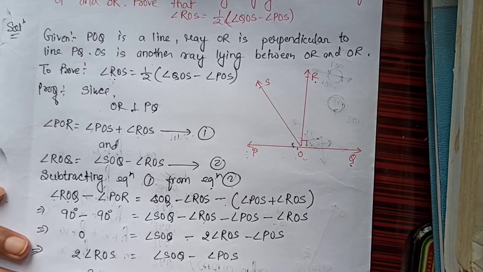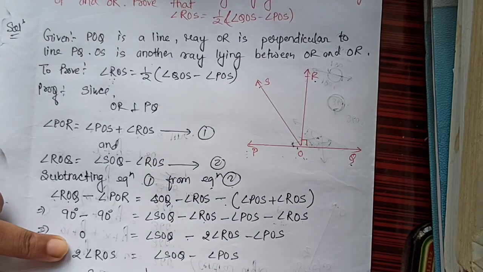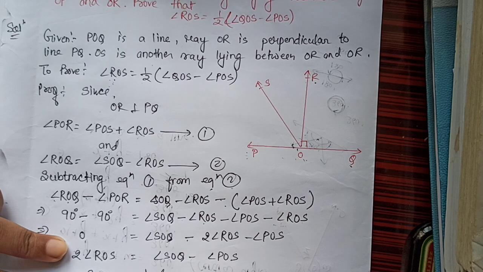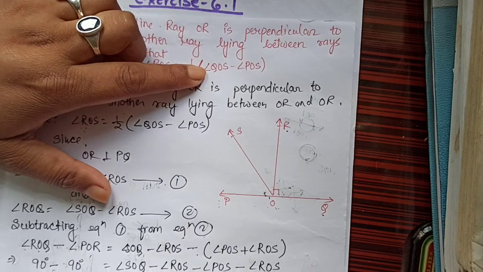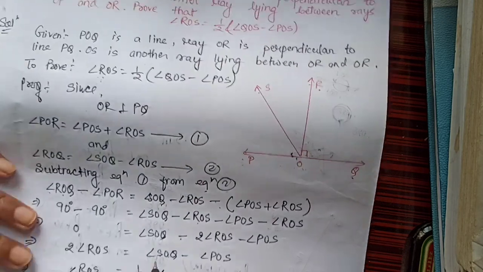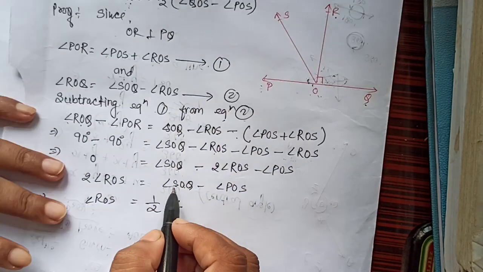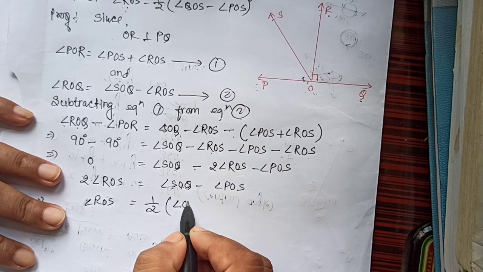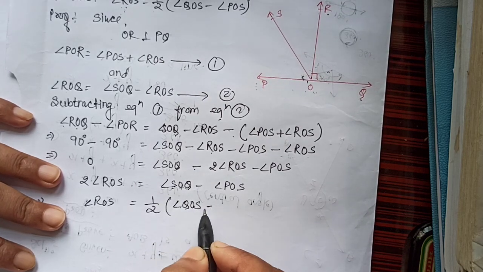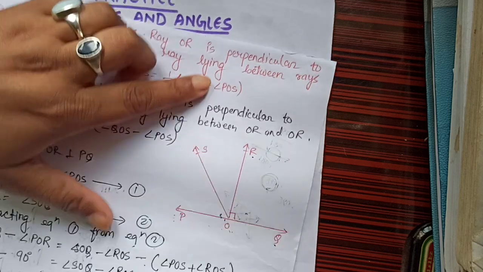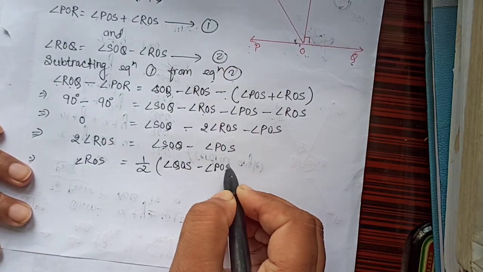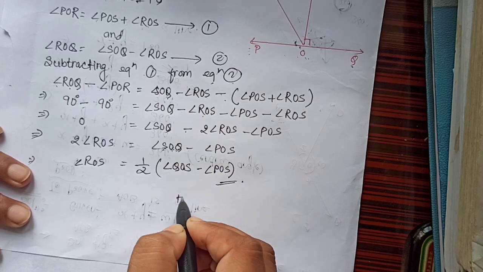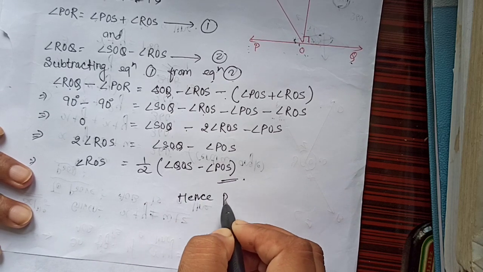Angle ROS equals, since 2 is multiplying it will divide, and under the bracket we need QOS. You can see SOQ and QOS are the same, so we can write it according to the question: QOS minus POS. So here we also got POS. This is the solution to the question. We can write here, hence proved.